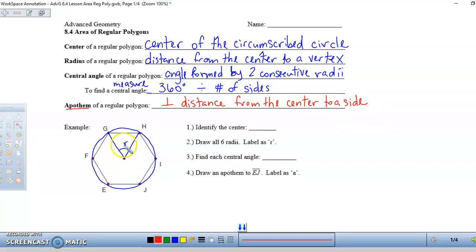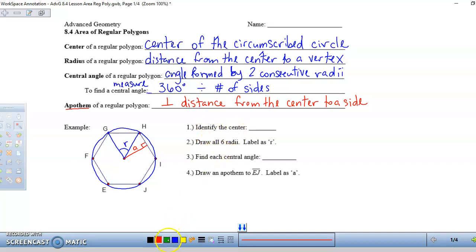In this case, you can draw that in any direction you'd like to, but I'll just draw it this way. So that makes a perpendicular with the side, and that is an apothem. So the radius goes to a vertex, the apothem is perpendicular with the side. With that perpendicular, we could pretty easily prove it goes to the midpoint of the side as well. But the perpendicular is the important part for area.